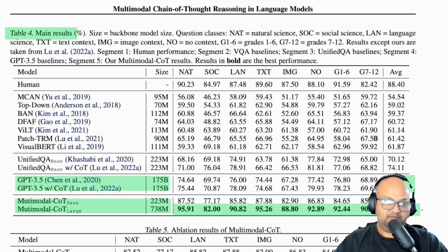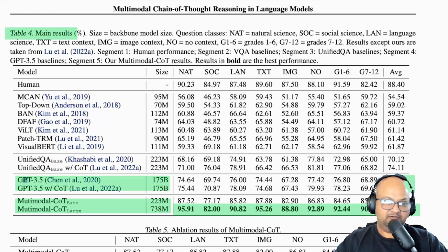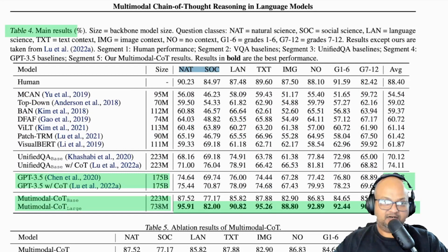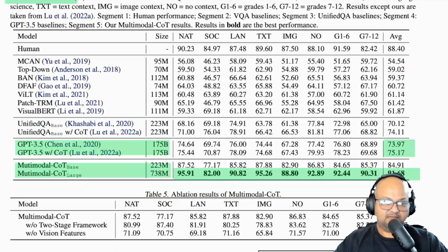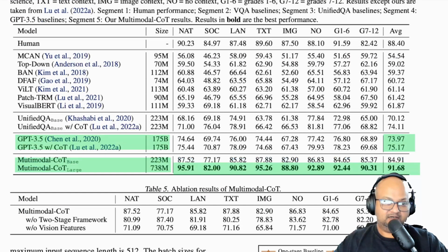And here is a table that summarizes their results. They're using a bunch of different models, including good old GPT-3, which is one of the largest ones with 175 billion parameters, and running it through a number of well-known benchmark questions. And then down here, they have the multimodal chain of thought scheme that they're proposing in this paper, and they have a smaller model with about 200 million parameters and a larger one with about 738 million parameters, both of which in comparison to GPT-3 would be considered to be small models.